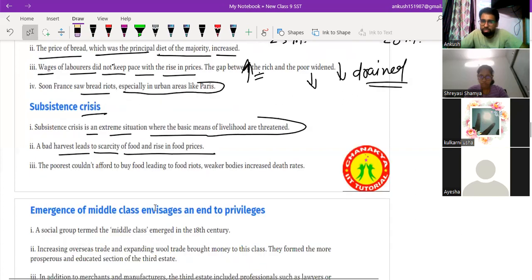The poorest couldn't afford to buy food, leading to food riots. Weaker bodies increased death rates due to hunger. A lot of people died in France due to hunger only, as they were not getting food. If you are not getting food, definitely your body would become weak, and that weakness will kill you, isn't it? Have you got the point?